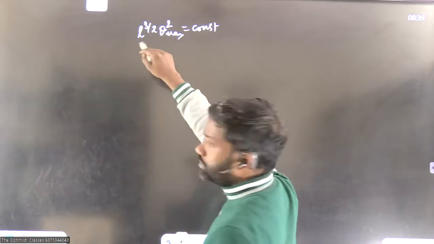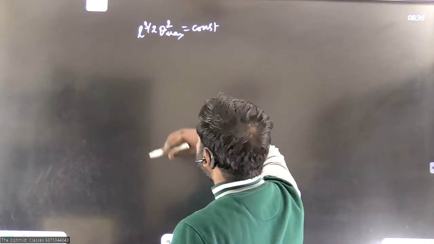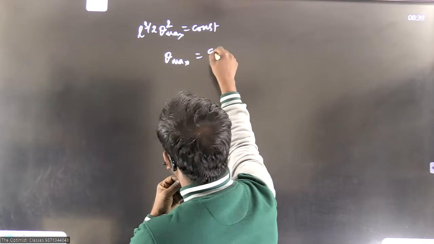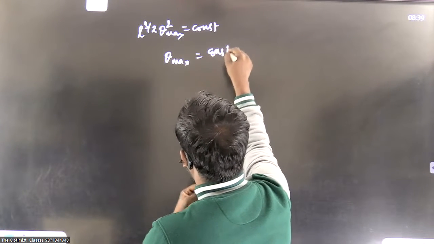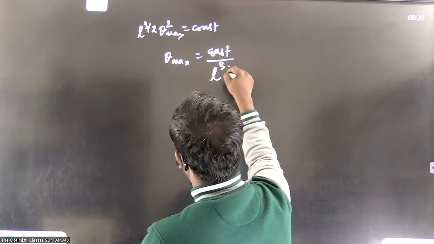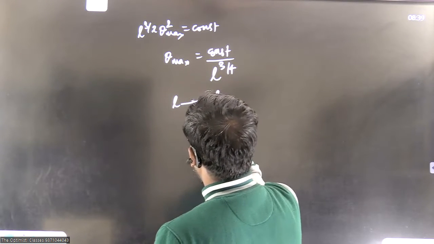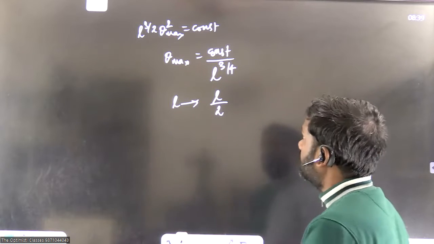Here L is being varied, so therefore theta max is changing. That's what we have to find. So theta max will be equal to some constant divided by L to the power 3 by 4. Okay, so if you change L to L by 2, you shorten the length by half.